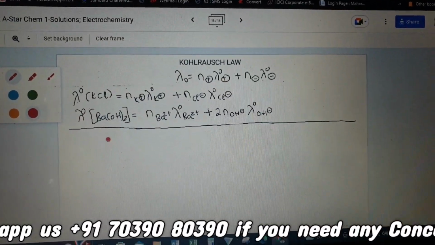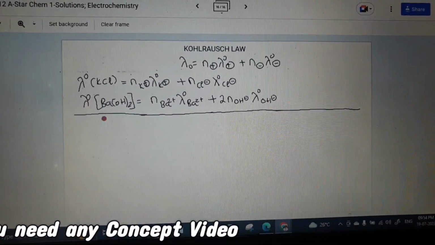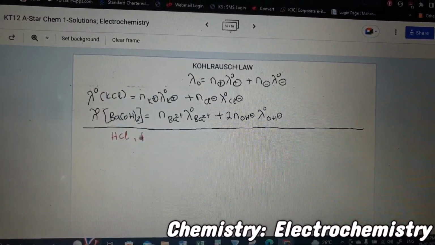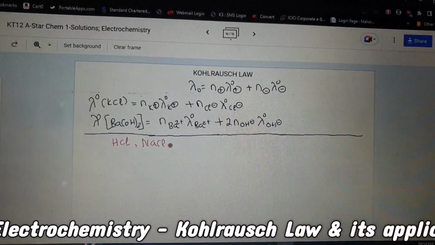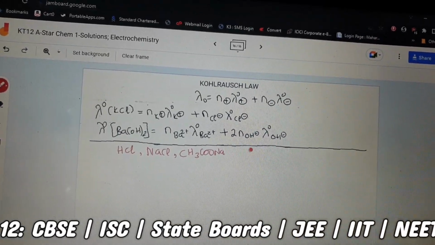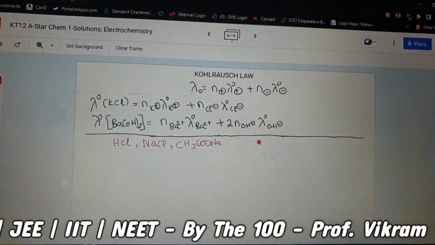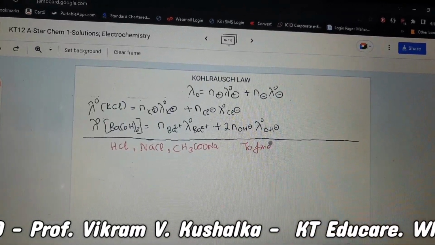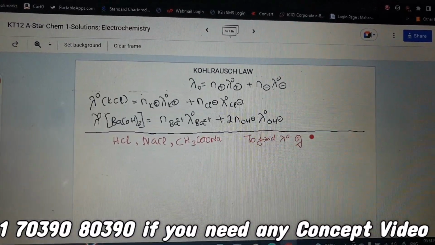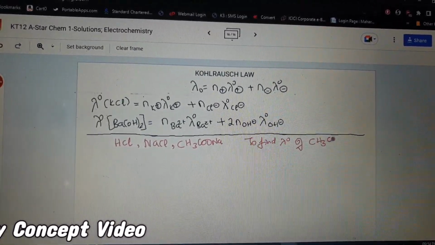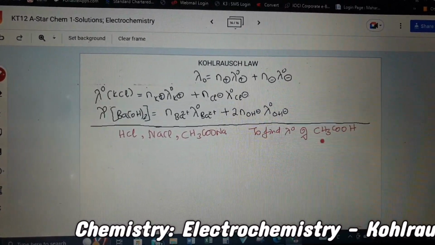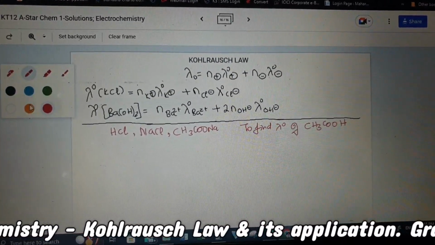So say for example you have strong electrolytes, molar conductivity, like it has been given to you that you know the molar conductivity of HCl, you know the molar conductivity of NaCl, you know the molar conductivity of CH3COONa as well, and you need to find lambda naught of, say let us take acetic acid, CH3COOH. This is the acetic acid whose lambda naught, that is the molar conductivity, you are supposed to find out.